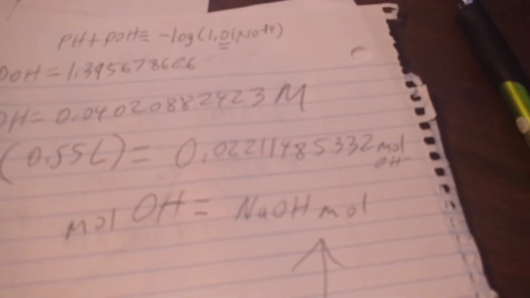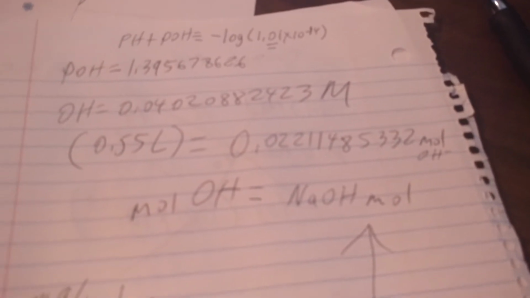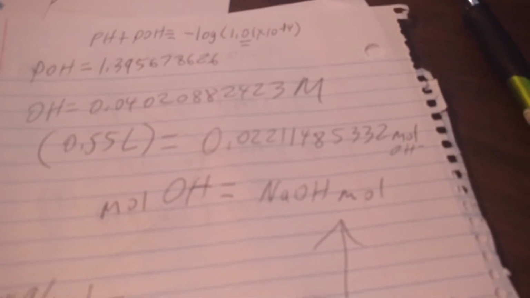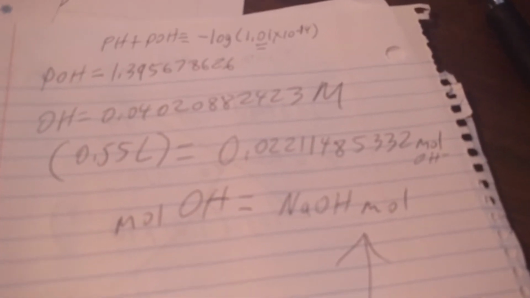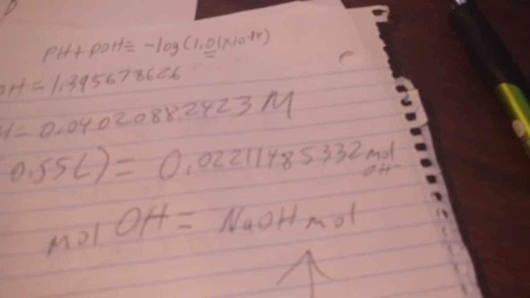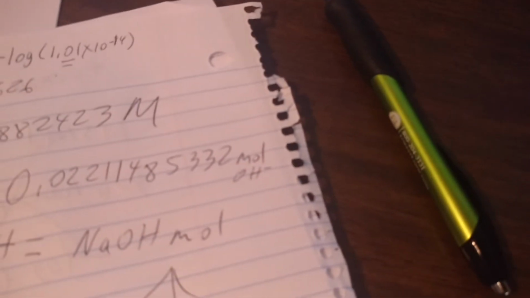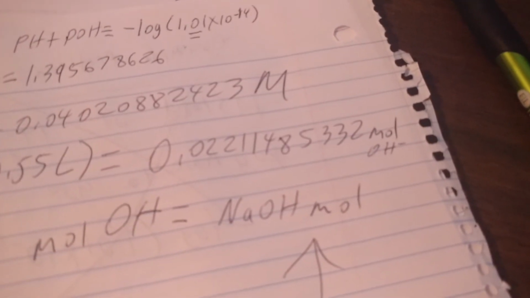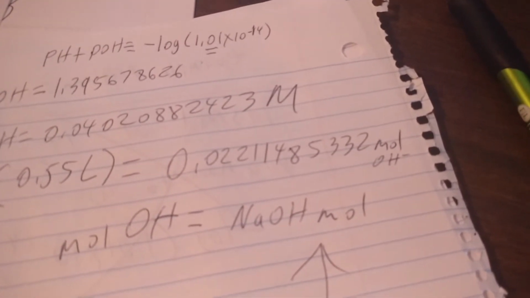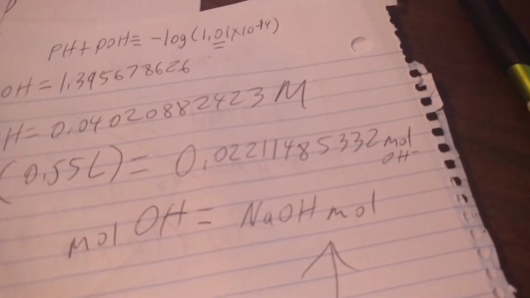And then remember that in this equation, if you were to draw it out, you would see that the moles of OH to the moles of NaOH is a 1-to-1 ratio. So that means this number is going to be equal to the number of moles of NaOH. It is the moles of OH, and it is also the moles of NaOH in the reactants.